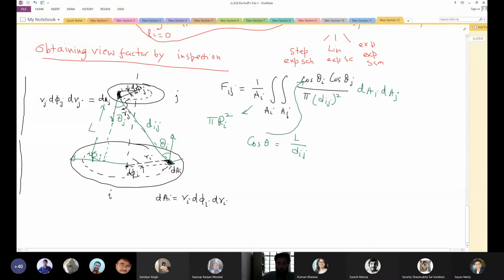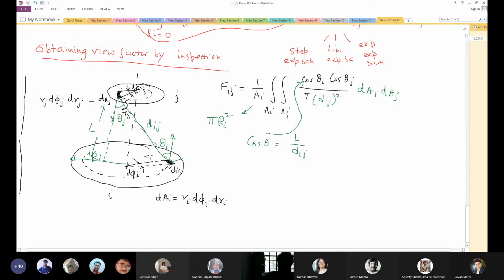So I have to write this dij, and it is easier if I transfer this coordinate system into Cartesian. So r, theta, and z, this is a cylindrical coordinate. I can convert the cylindrical coordinate into Cartesian coordinate. How?